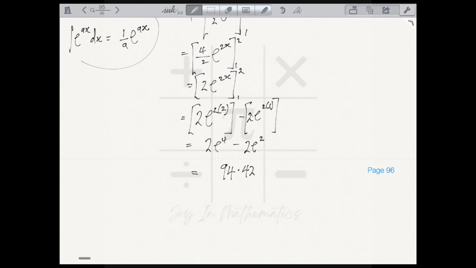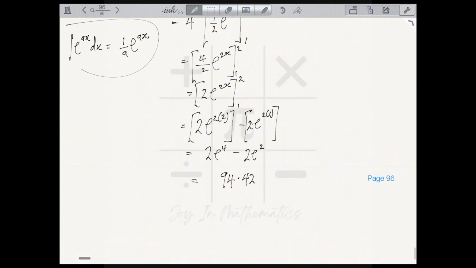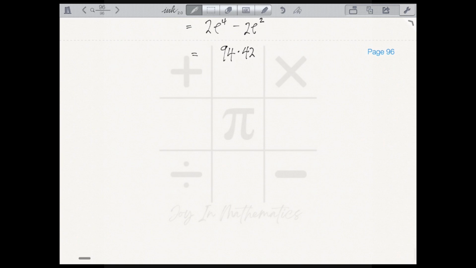Let's take another example in this format. Let's integrate from minus 1 to 2 of 2 divided by 3 exponential 2x dx. The first thing to do in this case is to make it in the format of the integral of exponential ax dx.